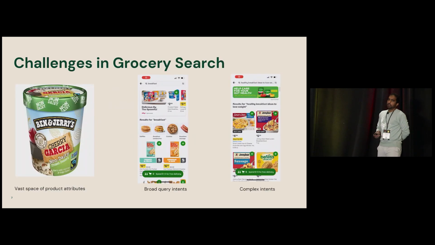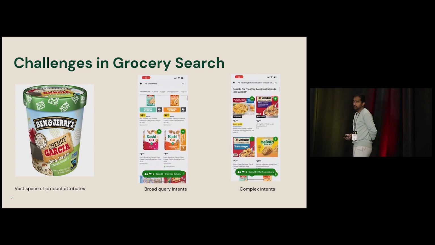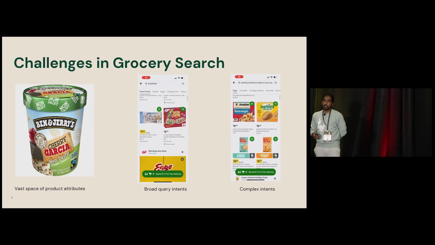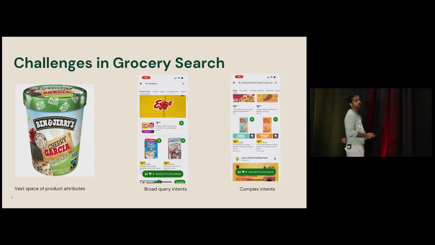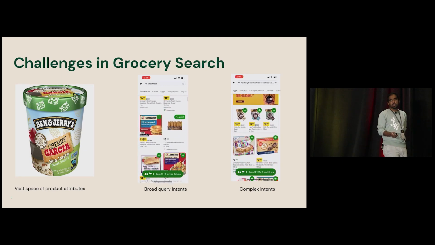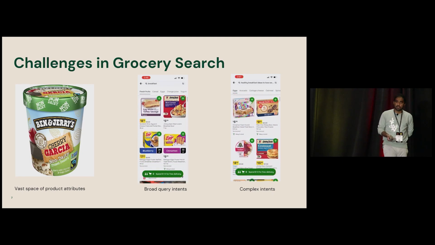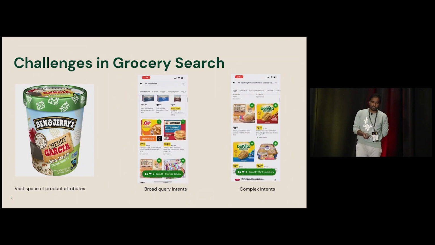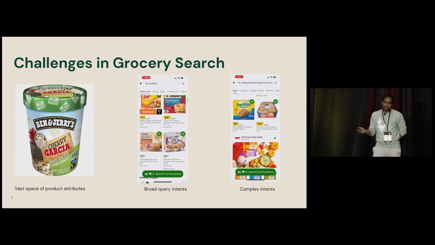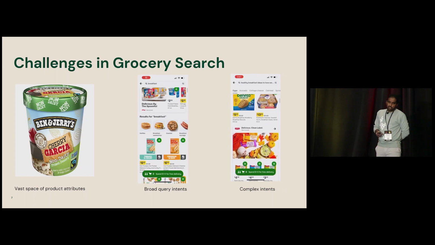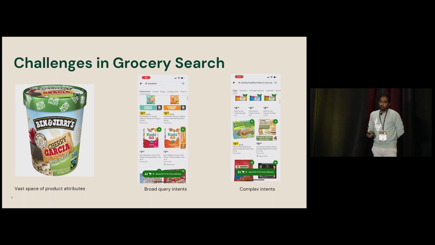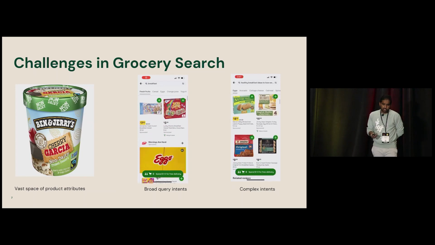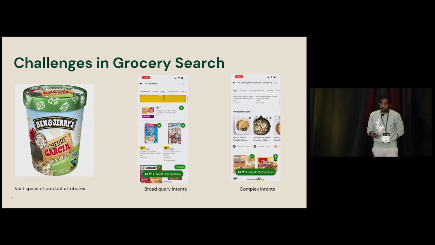And now that we talked about the basic architecture of search and the scale of data that we are dealing with, let's also touch on a few of the challenges that we come across in traditional grocery search, in our case, Instacart. So the first case here is talking about the vast space of product attributes. If you look at the first example, a product can have multiple attributes. In this case, probably cherry is an attribute, non-dairy is an attribute, almond milk is an attribute.